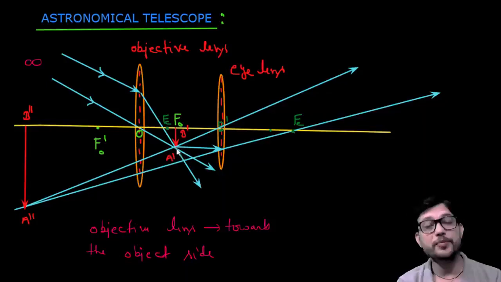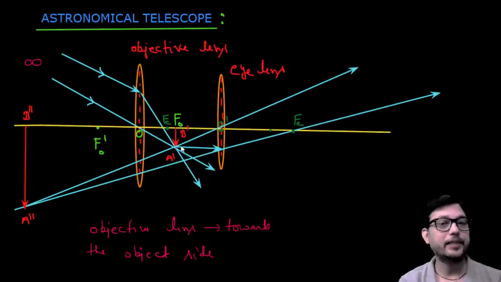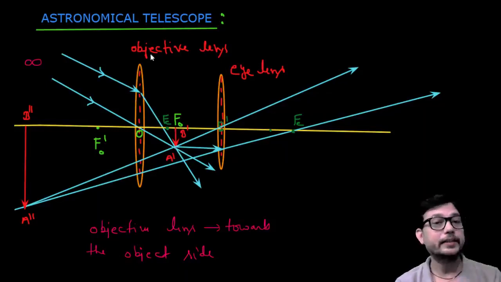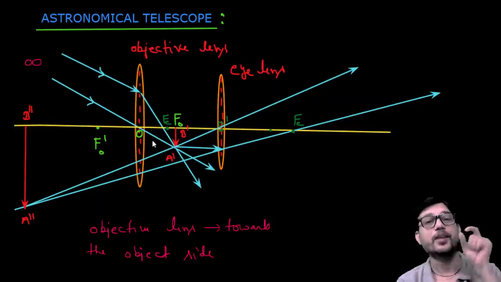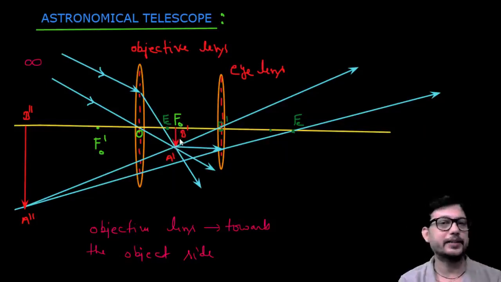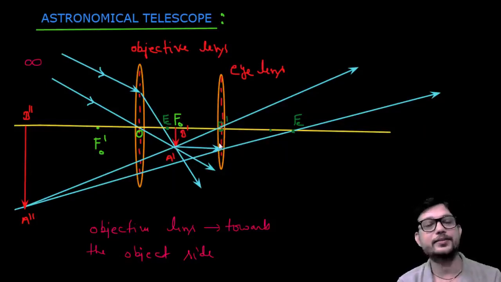Now whatever image is formed by the objective lens behaves like an object for the eye lens. So we will again draw the ray diagram. Now forget the objective lens or the rays which belong to the objective lens, just focus on your image A dash B dash, and focus on the eye lens. One ray which is parallel to the principal axis passes through the focus of the eye lens, and the other ray passes through the optical center O dash of the eye lens.